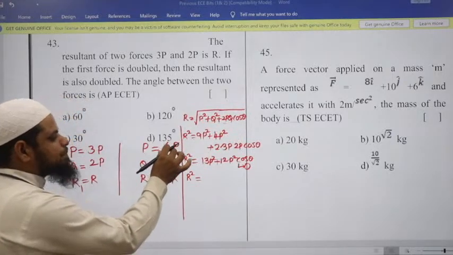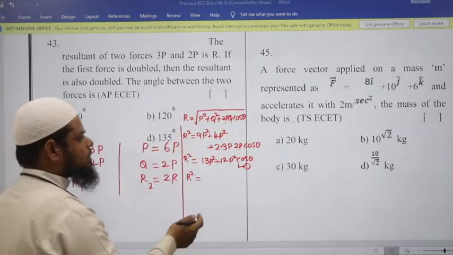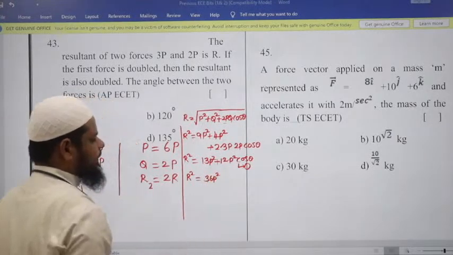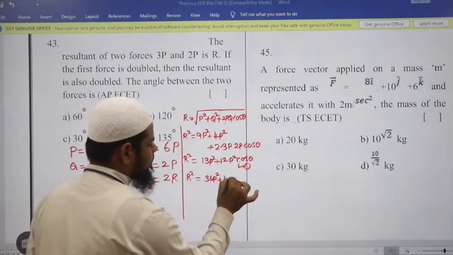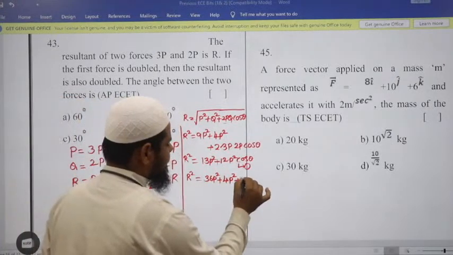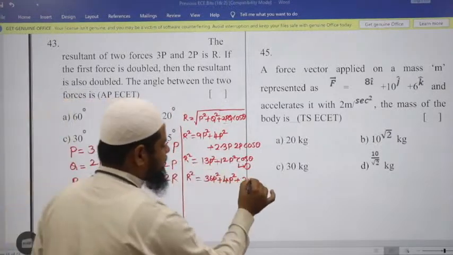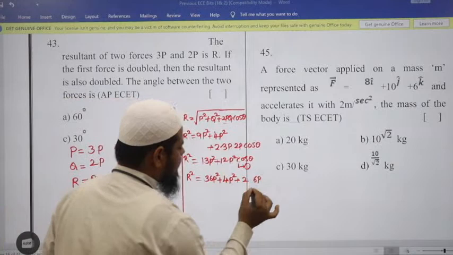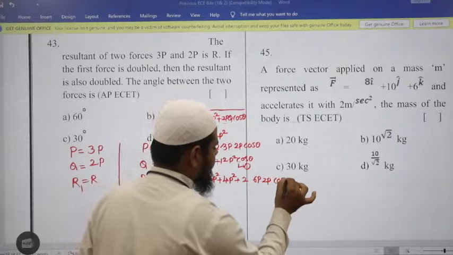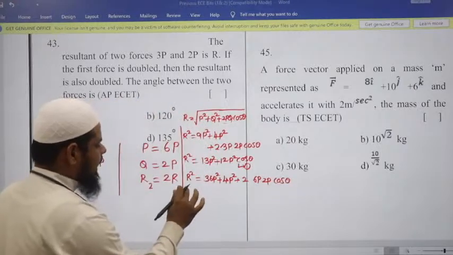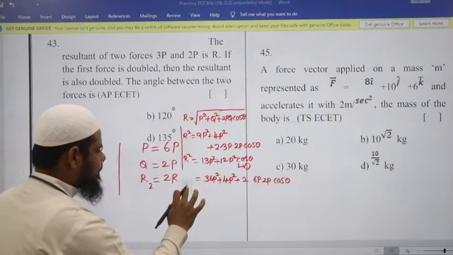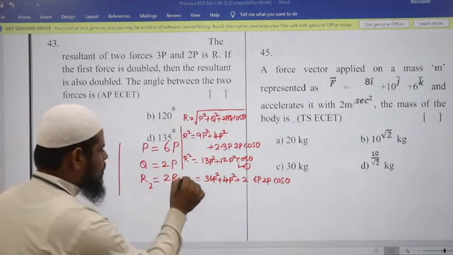So 6P square, 36P square we will get on making the square, plus 4P square, plus 2PQ cos theta. 2P is 6P and Q is 2P, and this one will be cos theta. R is given as 2R. Since R is given as 2R, we'll take this as 4R square.